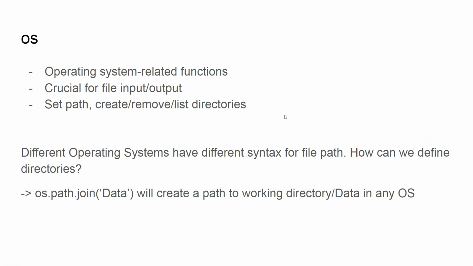Next one is the OS library. It contains operating system related functions. When you have input files and output files, we must specify where to save and where to load those files. Every operating system has slightly different directory structures and paths, and this library lets us easily handle them without any issues. The one I love the most is os.path.join.